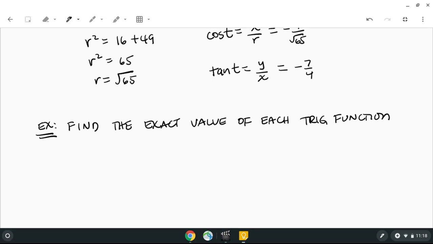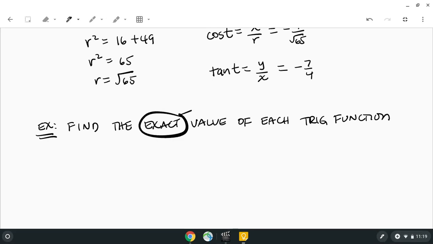Again, whenever you see this on WebAssign, it means no calculators, no decimals, just leave it in radical form. Okay, radical form, no decimals.